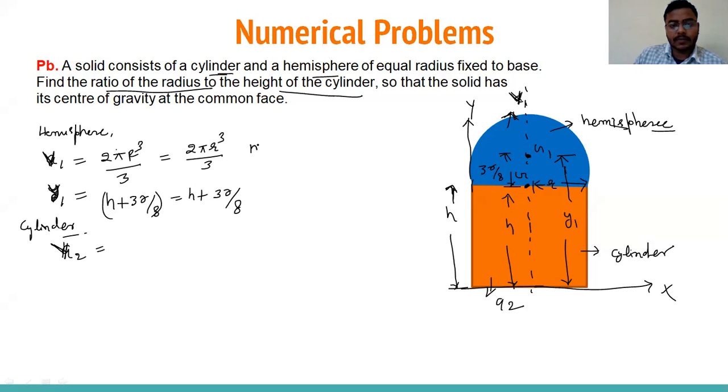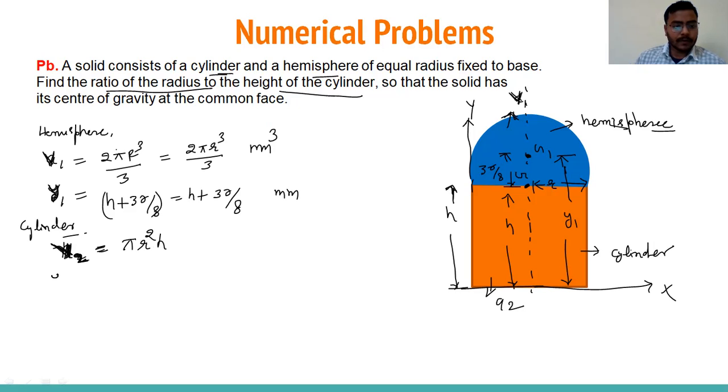If these are in mm, it will be mm cubed. Okay, so now I'm going to calculate V2. The volume for the cylinder is pi r square into h. Here the radius is r and the total height of the cylinder is h. So it will be pi r square h.